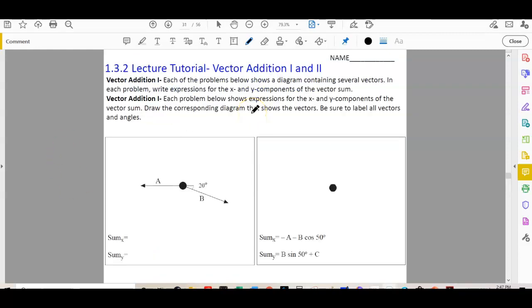Well, this brings us to a lecture tutorial. Okay? So Mark wrote this amazing lecture tutorial, and it's actually two. I took a picture of two lecture tutorials. This is the Vector Addition 1 tutorial.